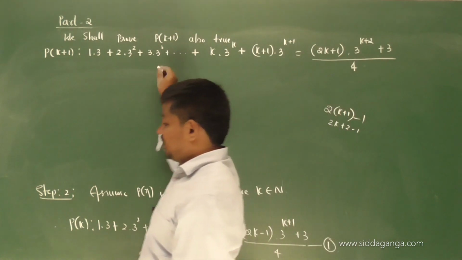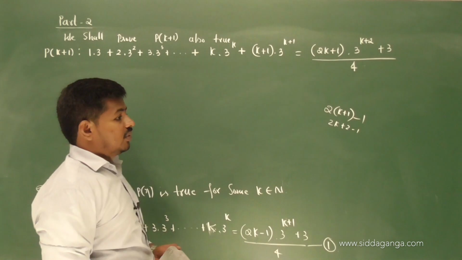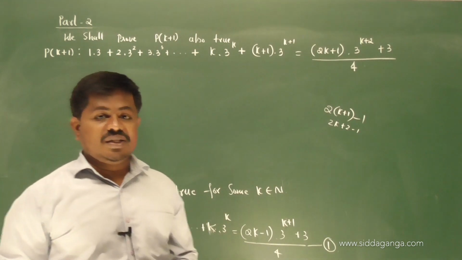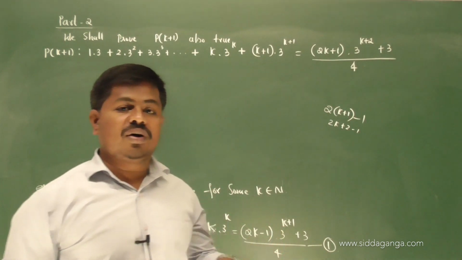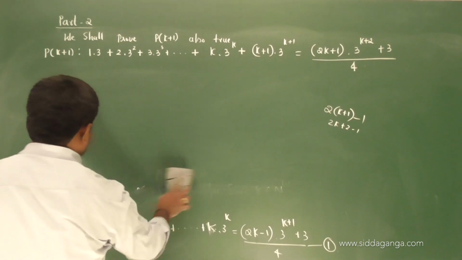By using this LHS, whenever you prove LHS equal to that, then it implies what? P of k plus 1 also true. I mean P of n, the given statement, is true for k plus 1 terms. So let me prove this.